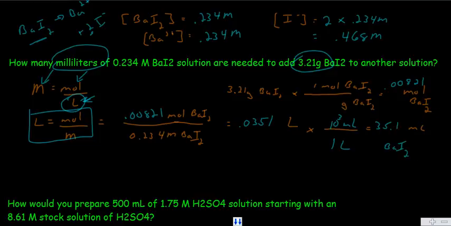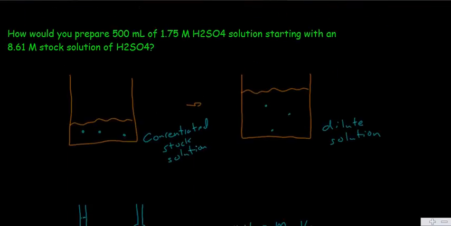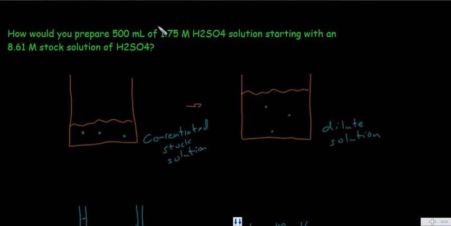Next question. How would you prepare 500 milliliters of a 1.75 molar solution of sulfuric acid, starting from 8.61 molar stock solution of sulfuric acid? So how would you get a dilute solution from a concentrated stock solution?